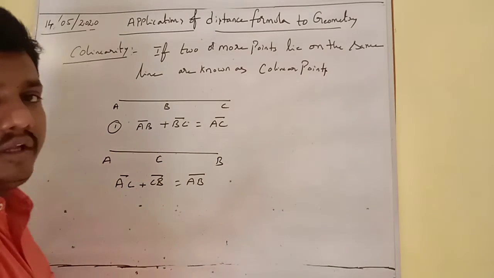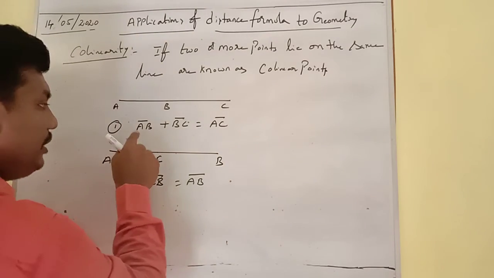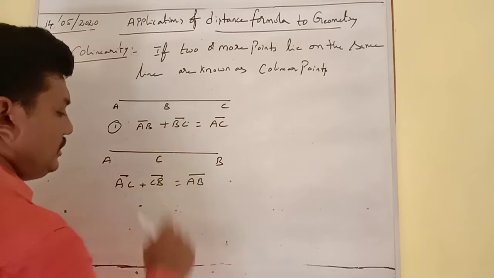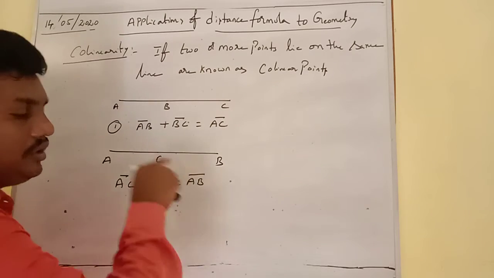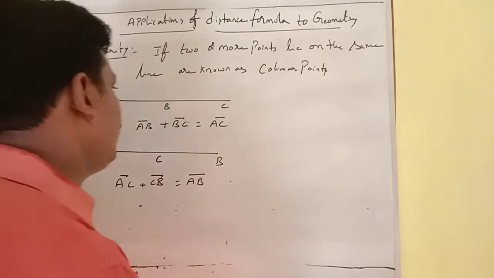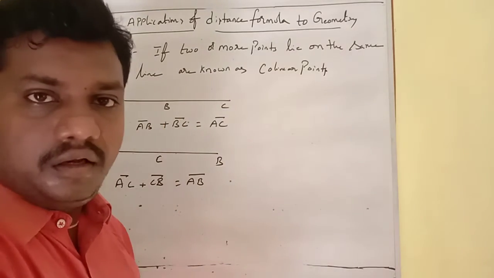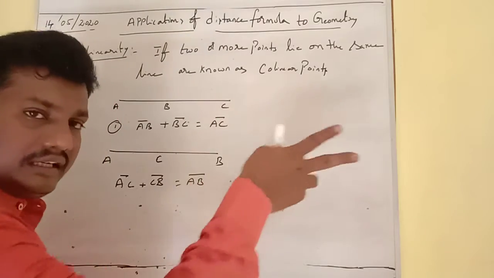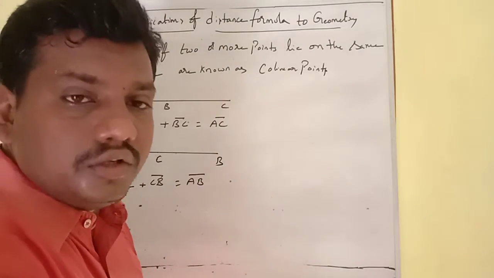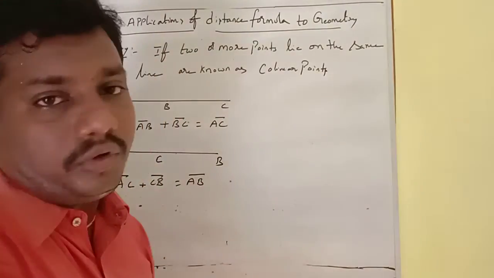Whatever it may be, we always have to find the AB distance, BC distance and AC distance. That means if three points are considered, we have to find three distances. If the sum of any two distances is equal to the third distance, then we call them collinear points.